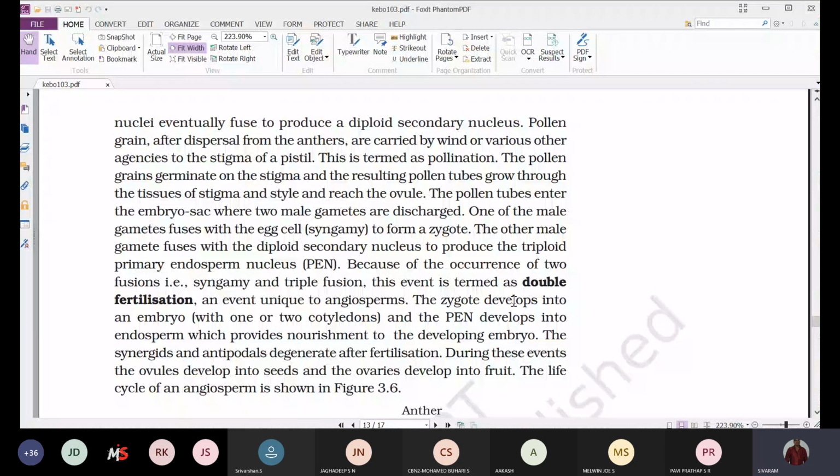And the second male gamete fuses with the secondary nucleus and results in a triploid primary endosperm nucleus, which is called triple fusion. So syngamy and triple fusion together we call double fertilization, which is the unique feature that we observe in angiosperms only.